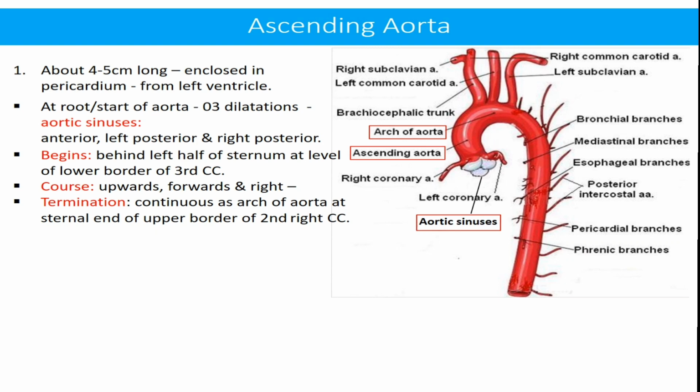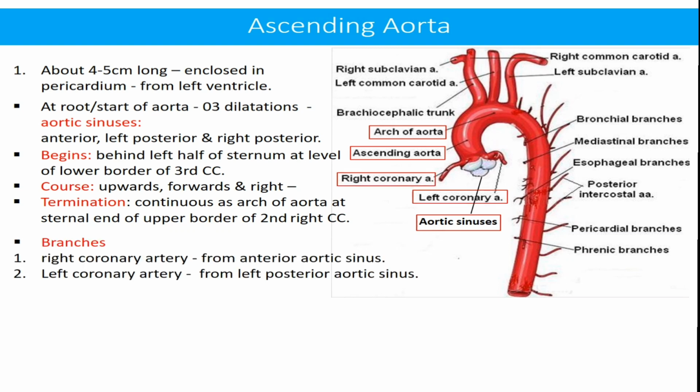It begins behind the left half of the sternum at the level of lower border of third costal cartilage and proceeds upward, forward, and rightward, and ultimately terminates as continuation of arch of aorta at sternal end of the upper border of second costal cartilage.